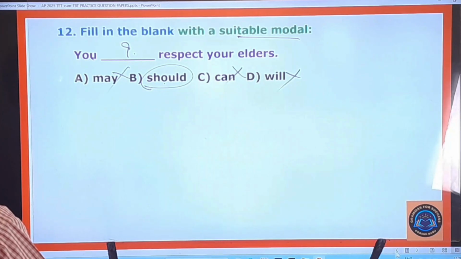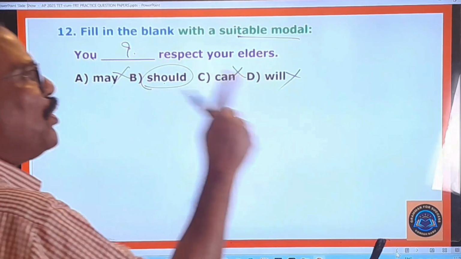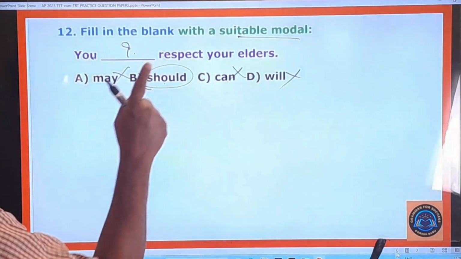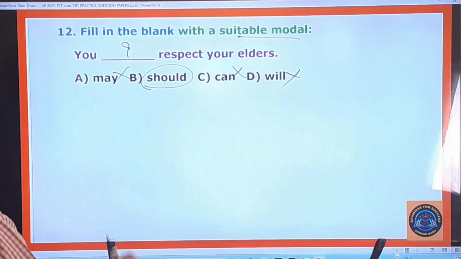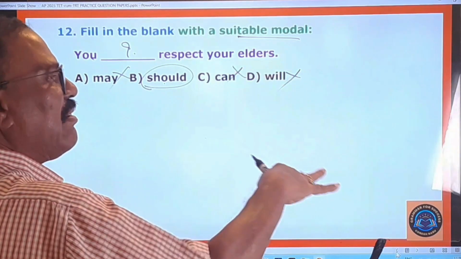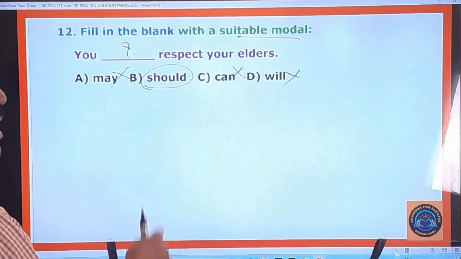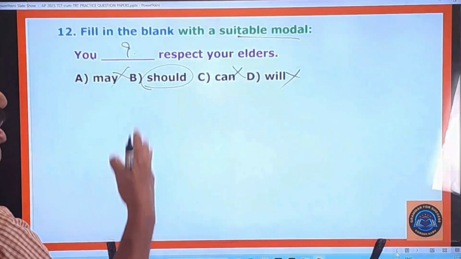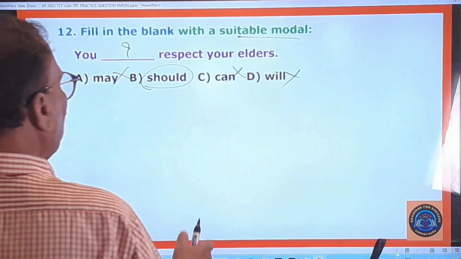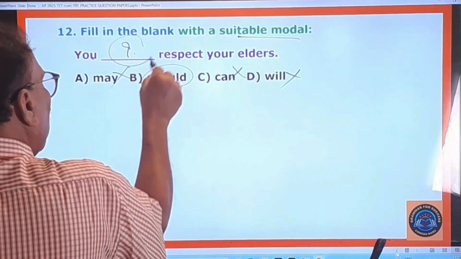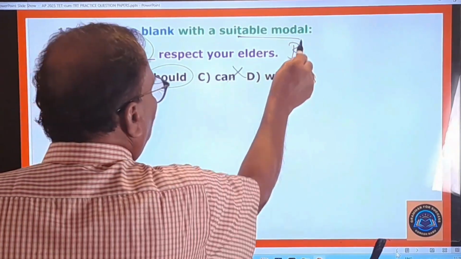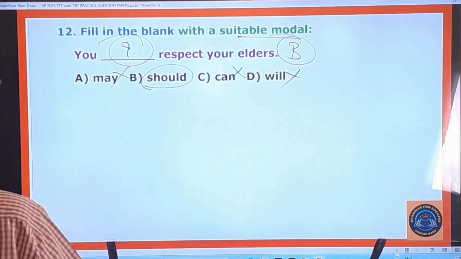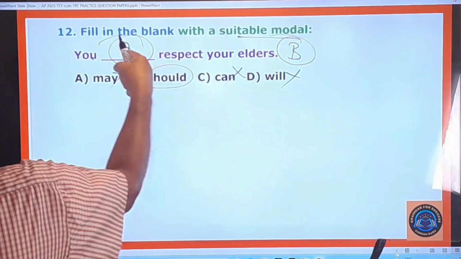You should respect your elders means it is your duty to respect your elders. మీరు పెద్దలను గౌరవించవలే. That's the Telugu meaning. అలా గౌరవించడము మీ బాధ్యత, మీ విధి, మీ డ్యూటీ. It's your obligation, it's your responsibility. So here this should must be used in this blank, and therefore this B is the most suitable modal auxiliary that can be used in this blank.